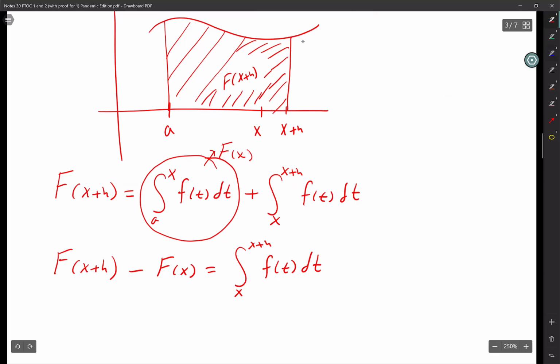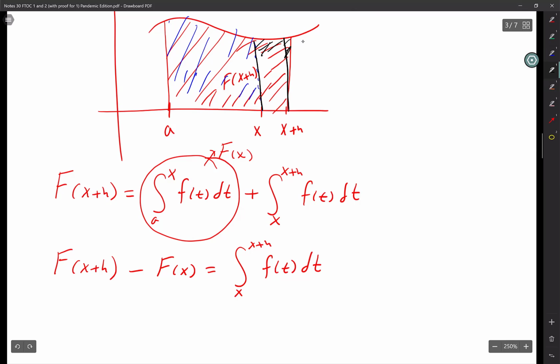What does that mean in terms of this picture? Well, F of x plus h is the area from a all the way to x plus h. F of x is just this area here in blue. So if I'm subtracting, I'm only going to have this little sliver here in black.